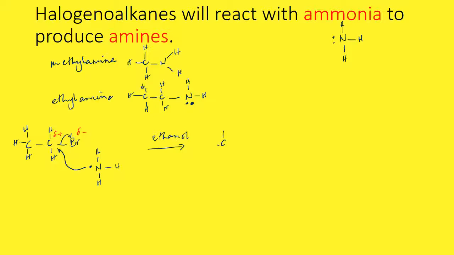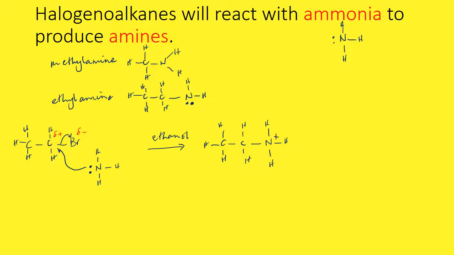Okay, so this alkane part of our molecule is just the same. Now we have added an NH3 group to the end of the alkane, and that nitrogen is going to be positive.